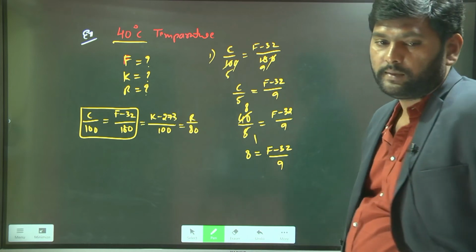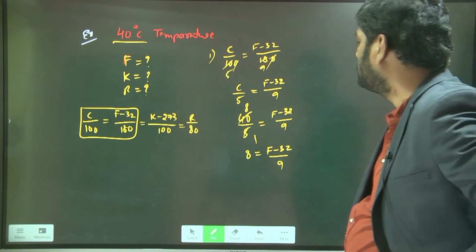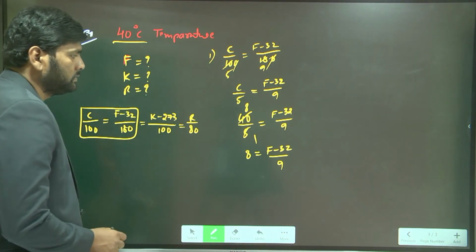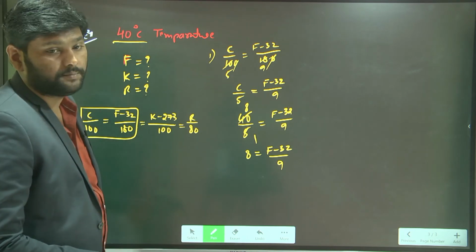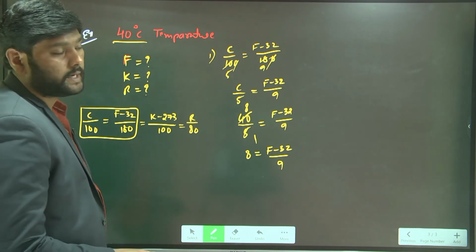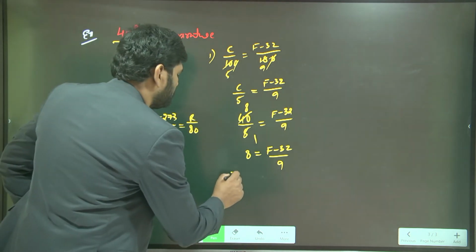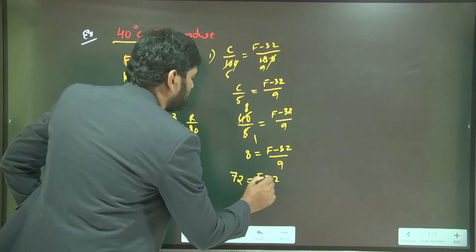Cross multiply: 9 eights are 72, so 72 is equal to F minus 32.